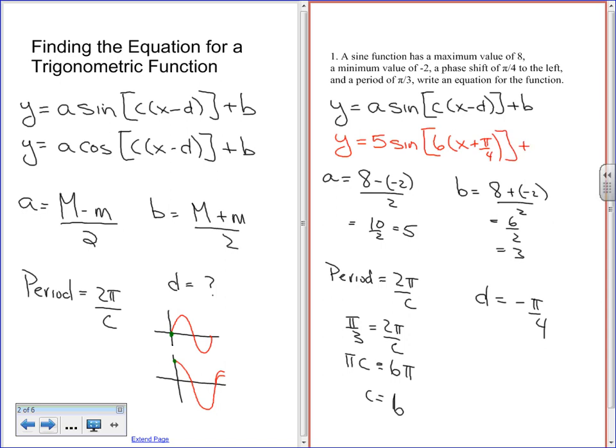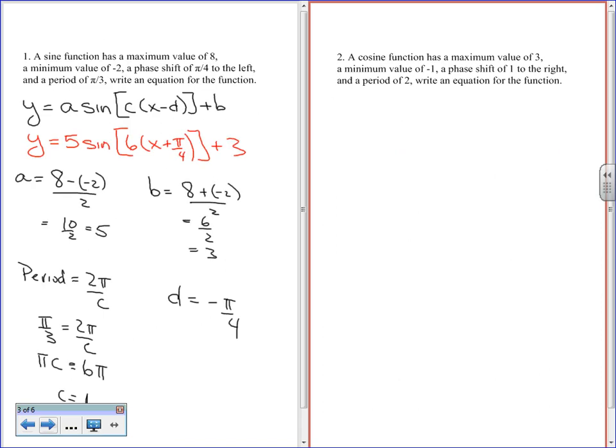And then my B value was 3. So that's an equation of a transformed sine curve, where the highest value on the graph would be 8, the lowest value would be negative 2. If you moved over negative pi over 4 units to the left, and then the period would work out to be pi. Straightforward?